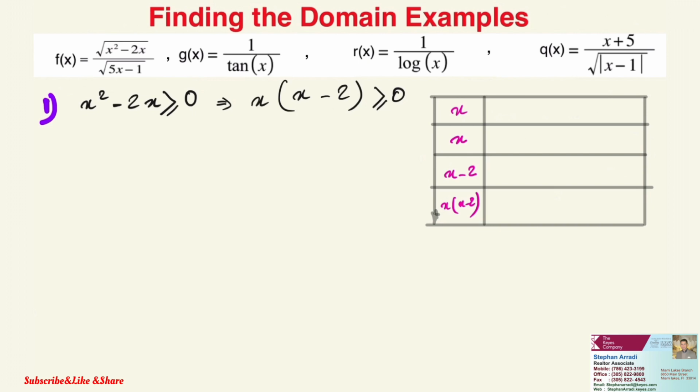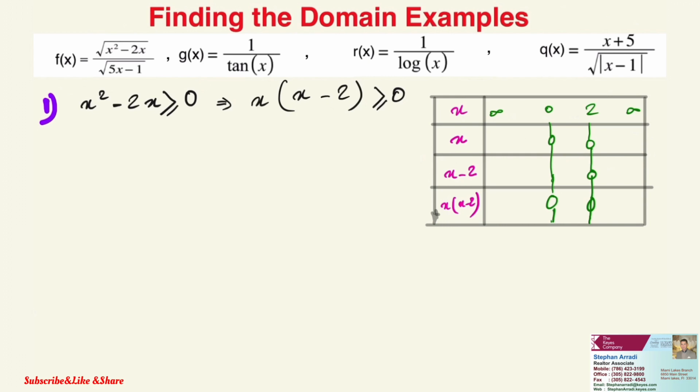Let's see where each is positive and where it is negative. Let's put negative infinity here and plus infinity here. So x is equal to 0 at 0, and that gives us 0 here as well. And the other one, x minus 2, is equal to 0 when x equals 2. So I put the number 2 here, and it gives 0 here.